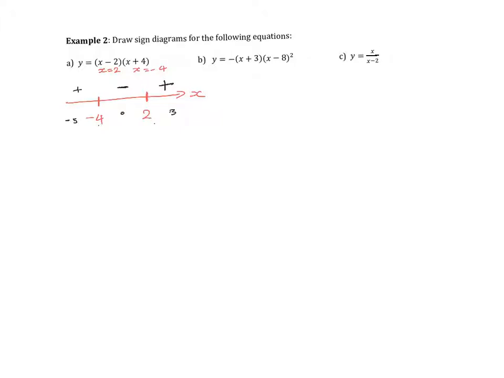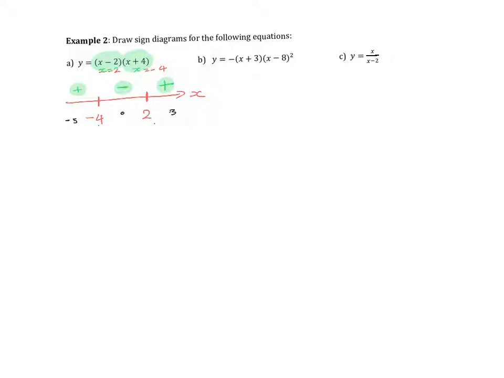So we get positive again. So that's my sign diagram without drawing the function. Hopefully you realize that both of these factors have invisible odd powers of 1. Therefore, it makes sense that the sign changed on either side. Here we went from positive to negative, then from negative to positive. So it goes with what we were saying before.